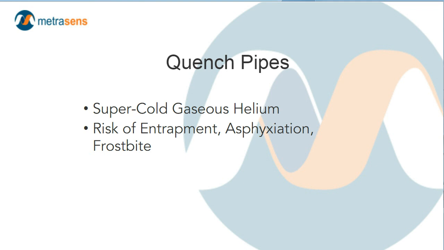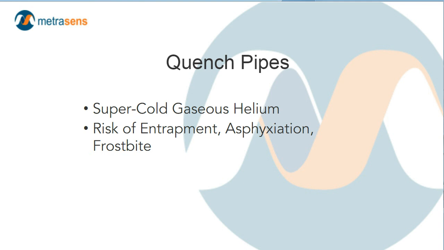The volume of the gas is such that it will begin to displace the oxygen in the room, leading to asphyxiation risks. And of course, it's 450 degrees below zero. So there are all kinds of health risks that come with exposure to such incredible cold as well.